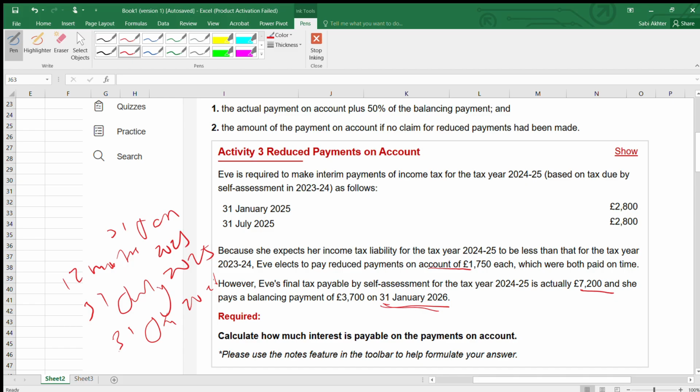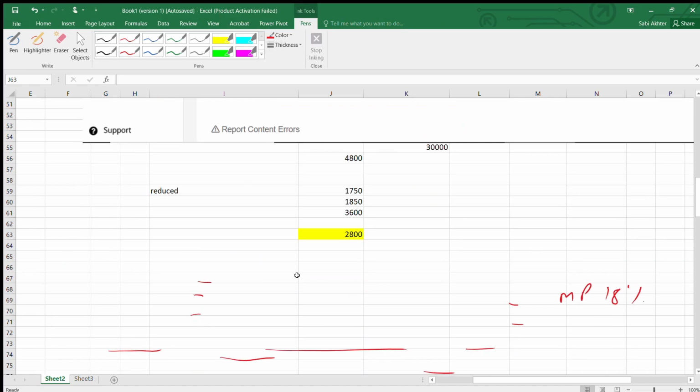So now it is 2800. 1750 you have to take. And what is the interest? Underpayment tax 7.75%.